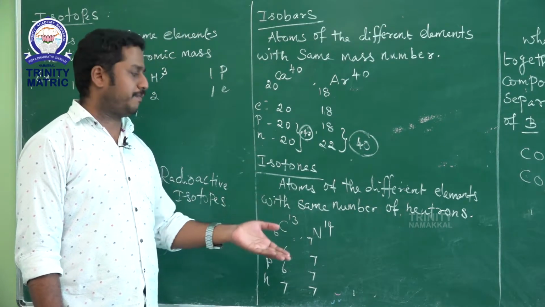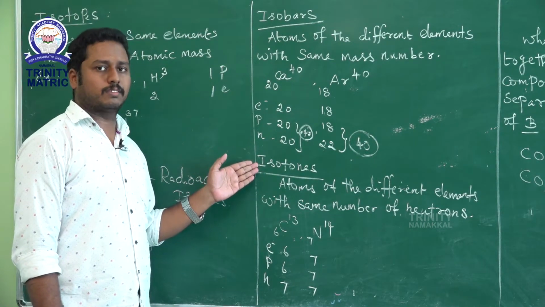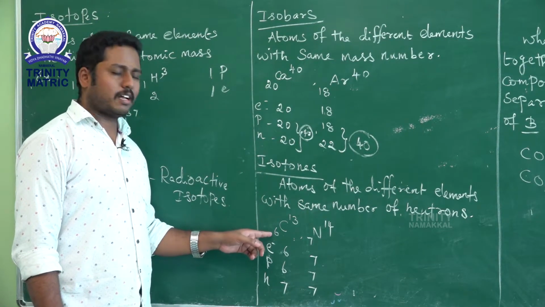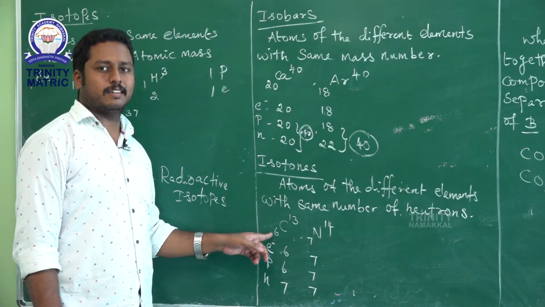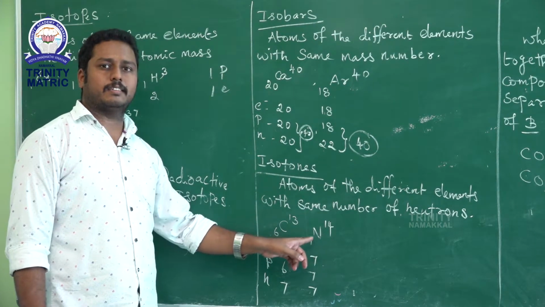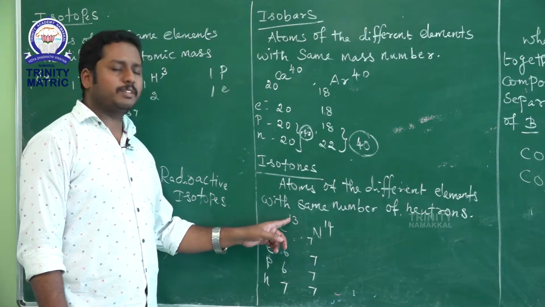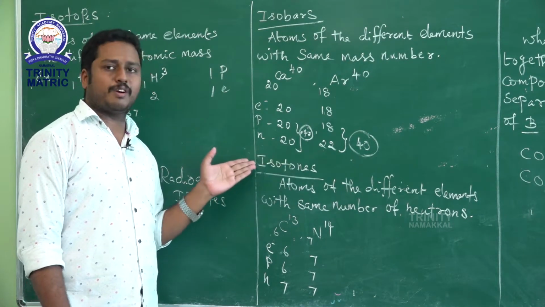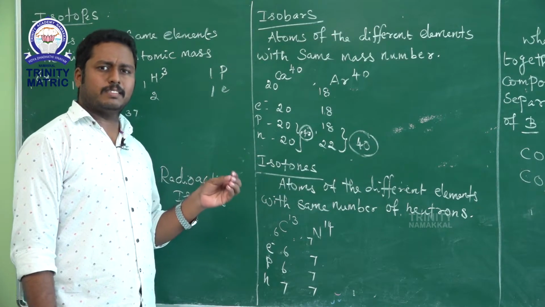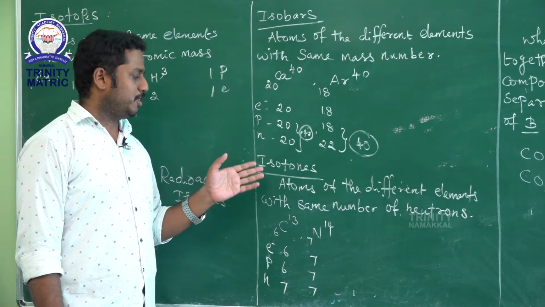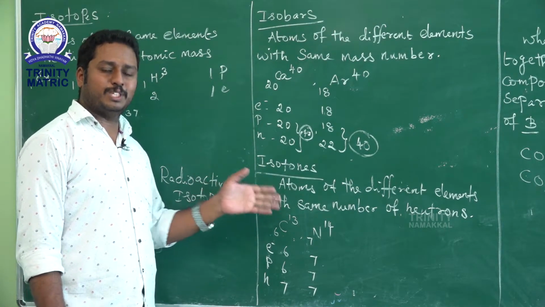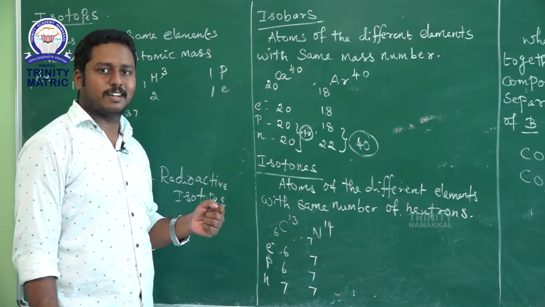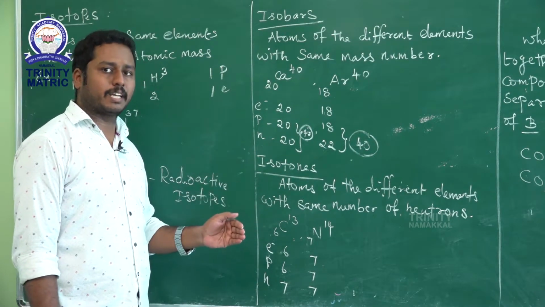These pairs are called isotones. Sir, here the atomic number is different, carbon has 6 and nitrogen has 7, and the mass number is also different. How can you say it is in the category of isotones? Iso means similar. On which basis are they similar? You just see the subatomic particles.